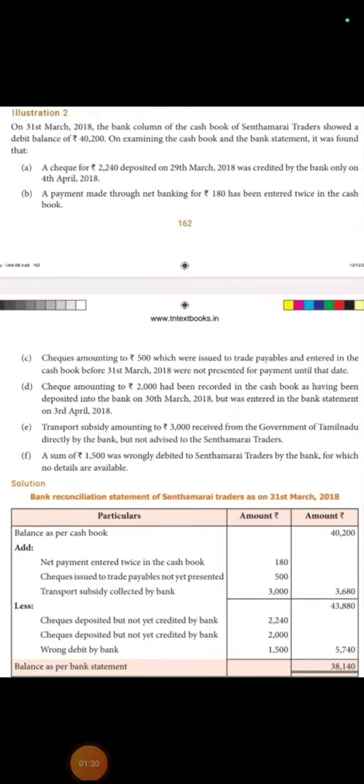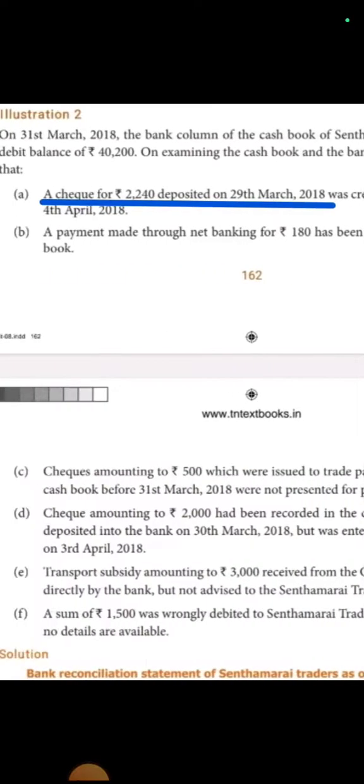Let's read the next transaction, that is, a check for rupees 2,240 deposited on 29th March 2018 was credited by the bank only on 4th April 2018. Listen here carefully. Our check was deposited on 29th March 2018.